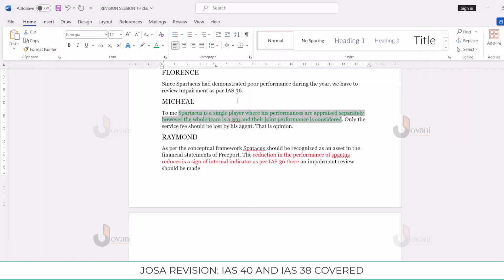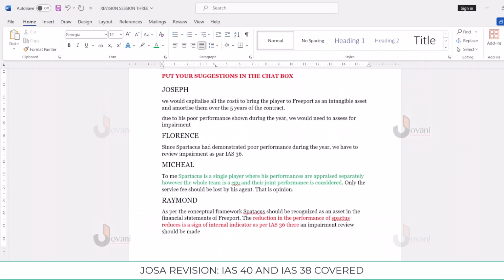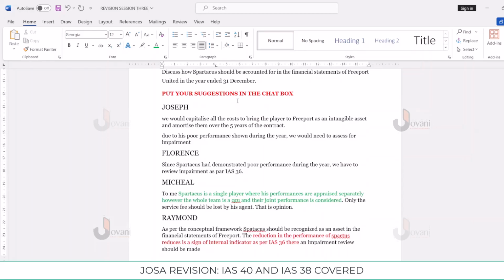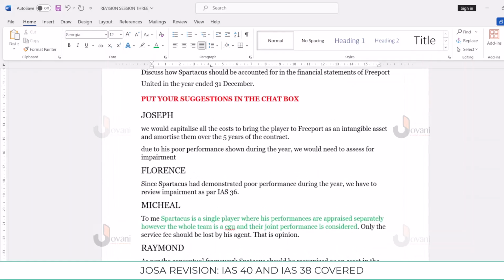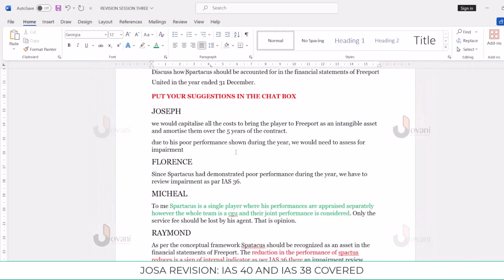Can you please confirm if my screen is visible and my audio is clear? Increase the font size a little bit. That okay now? Now, you increase the font size a bit. It is not clear. Okay.